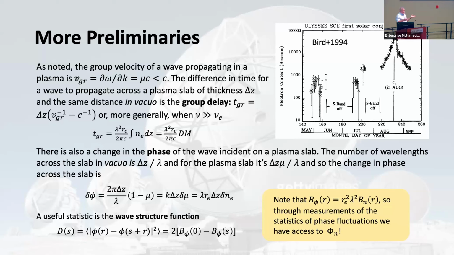So this has been used. So using Ulysses, actually, as it went behind the sun, they looked at the change. You see that the dependence on the so-called dispersion measure is just given by this line integral over electron number density.